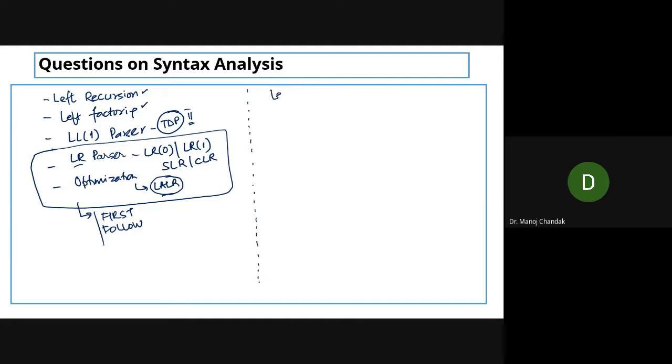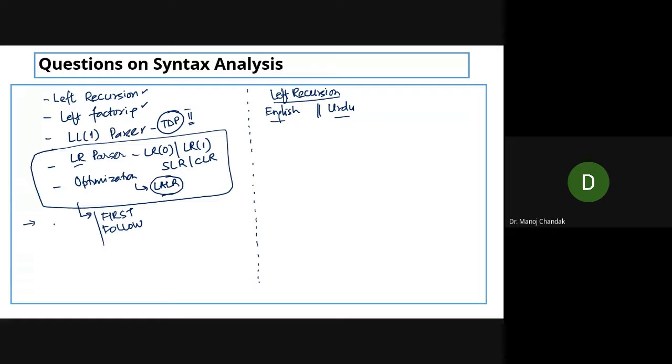Okay, so let us start with what is left recursion. I think you are all familiar with the English language, and I am very sure that most of you have also studied Urdu. So when you write English, look at the way I'm writing.